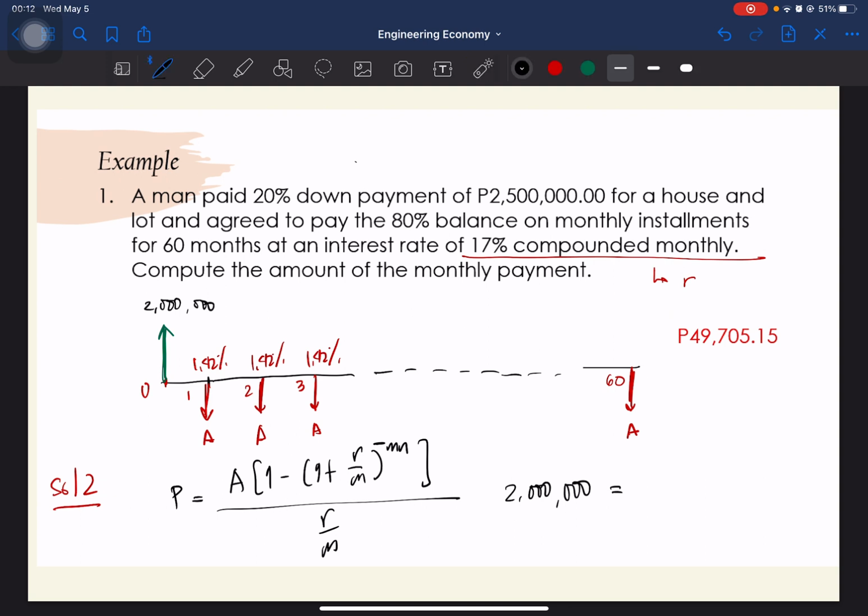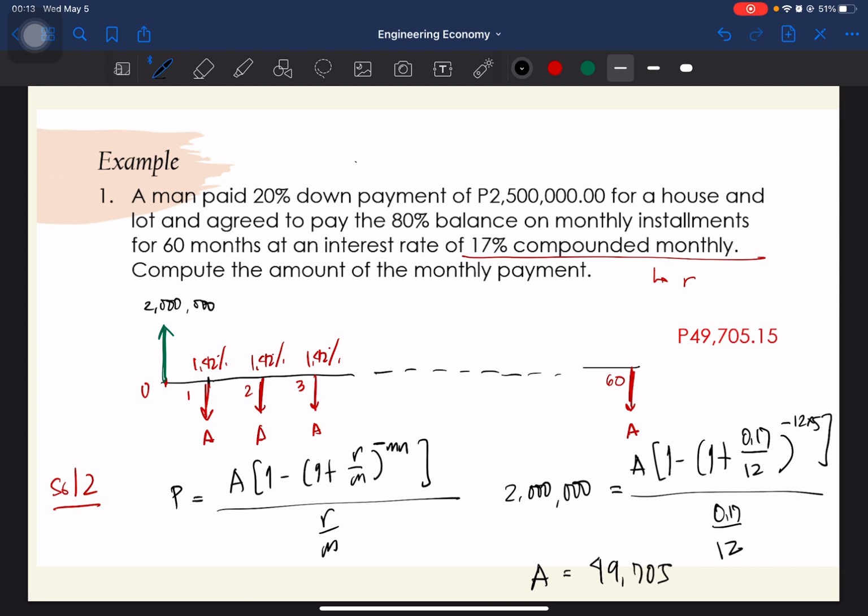Anyway, para sa akin mas mahaba lang isulat yan. Kaya ayoko niyan. Okay? 1 minus 1 plus R is 0.17 over M, negative 12 times 5 over R over M. Okay? So, if you solve that, I am 100% sure na ang sagot is the same. Okay, hindi ko na i-calculate ha. Just check dun sa inyong mga calculator.